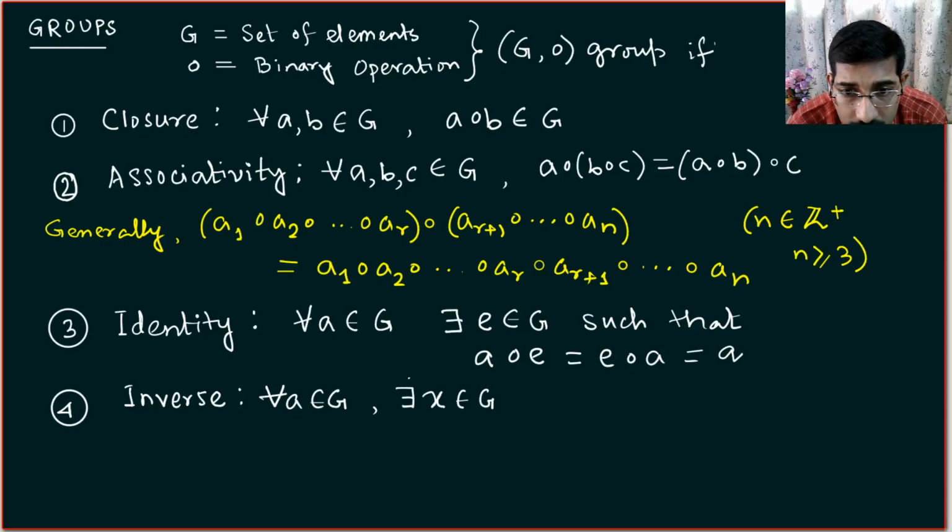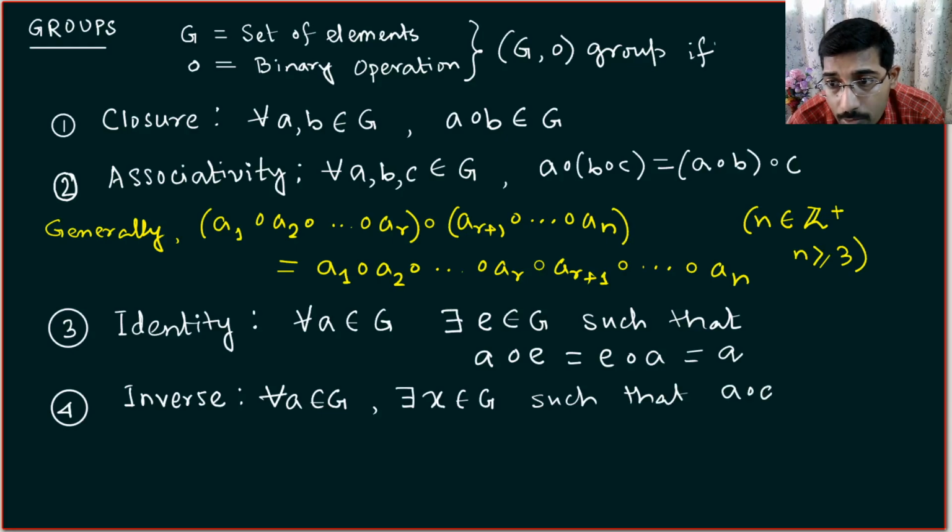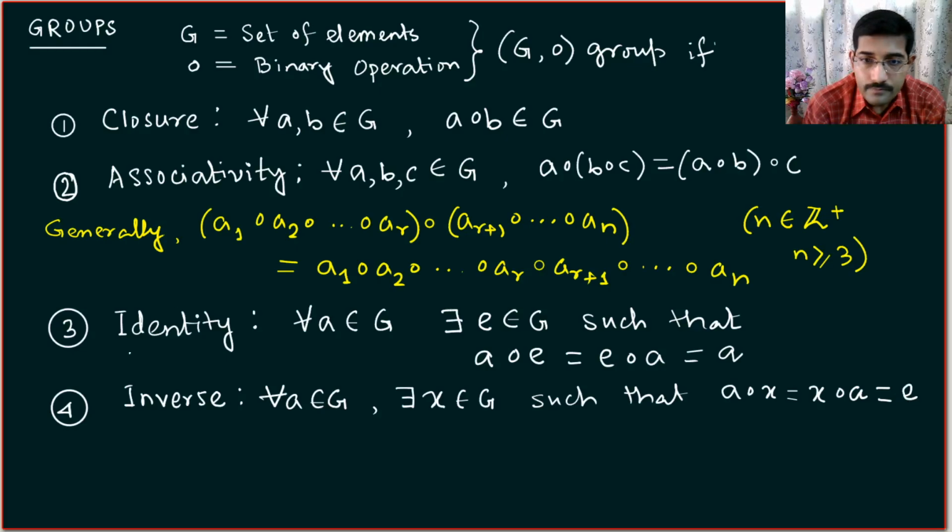So for each A, I can get a corresponding X such that A O X equals X O A, which is E. If these four properties get satisfied, then only can I call G a group.